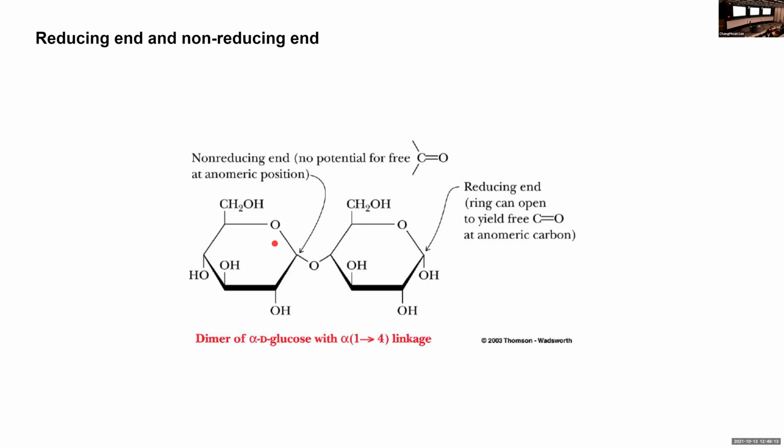As opposed to the non-reducing end, which is again the end of a sugar molecule, but that is located within the polymer. So since it does not have a hydroxyl group, and instead has the glycosidic bond there, it cannot be opened up and revert back to the linear form. So it is not going to be able to be reduced. That's going to be the non-reducing end.